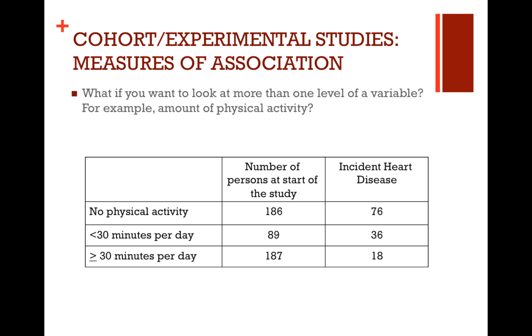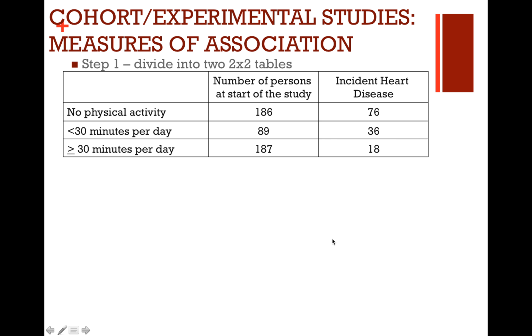But what if you want to look at more than one variable? For example, the amount of physical activity. So you have no physical activity, less than 30 minutes a day, or more than 30 minutes a day. Well, we in epidemiology and biostats like to make 2x2 tables. This is not 2x2. So what you would do is separate them, and we'd want to compare both of these to no physical activity.